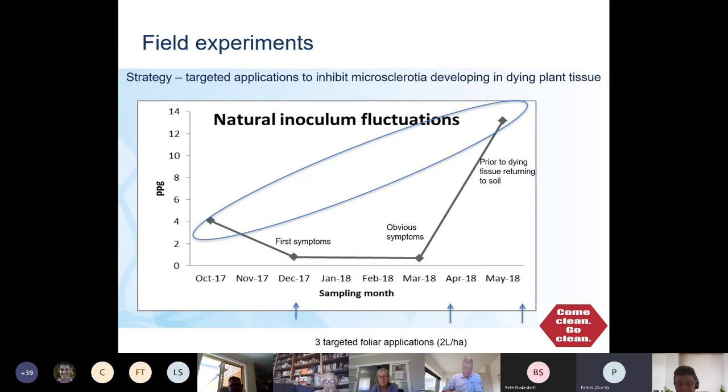However, after defoliation and incorporation, we see a massive jump in the amount of inoculum measured as propagules per gram returned to the soil. So when I thought about targeting on applying the products, I looked at when the first symptoms were seen in cotton fields, when they were obvious, usually around mid-February, early March, and then towards the end after defoliation. So that's how I chose the 3 application times.